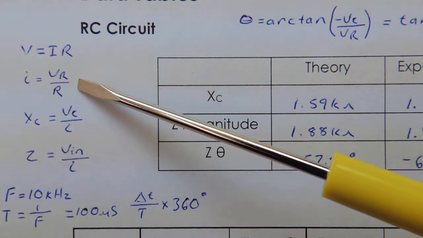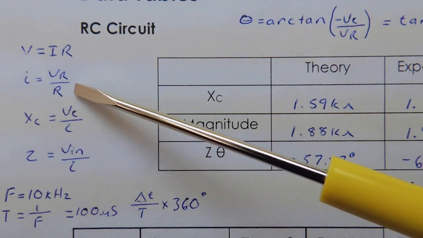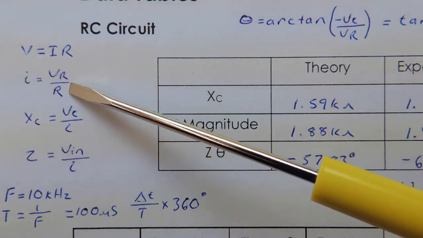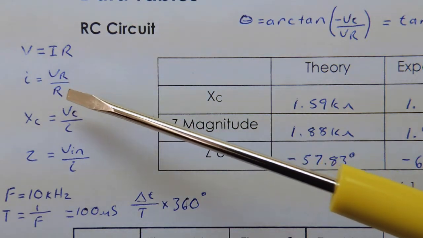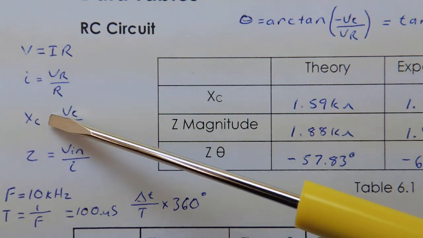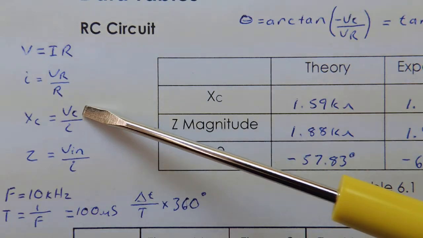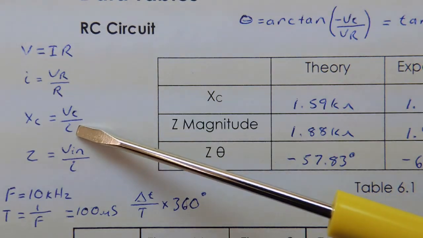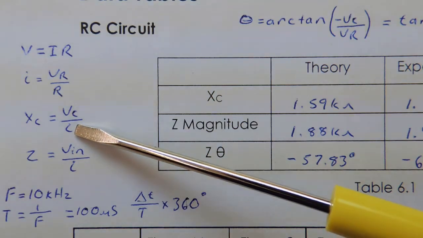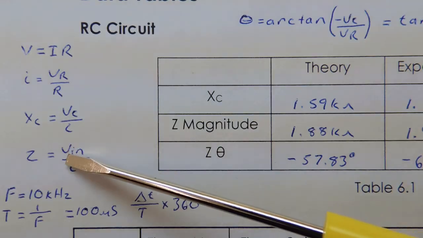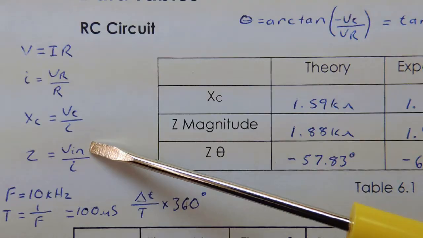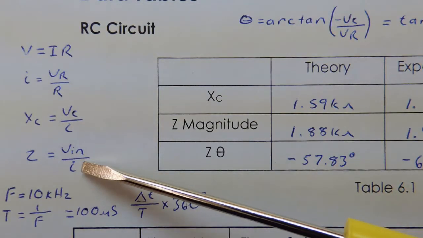So rearranging our formula, we can see that I is equal to VR divided by R. XC, which is resistance, is equal to VC divided by I. And because it's a series circuit, it's the same I going through R and C. And then Z is our total resistance, so that's equal to Vin, or our total input voltage, divided by our current.